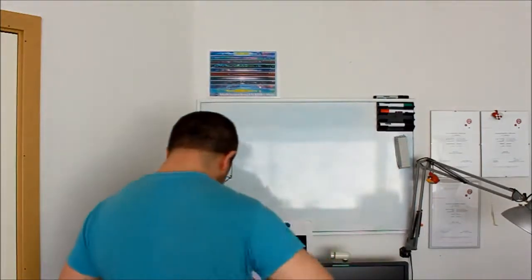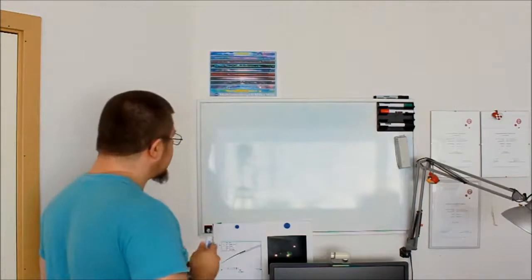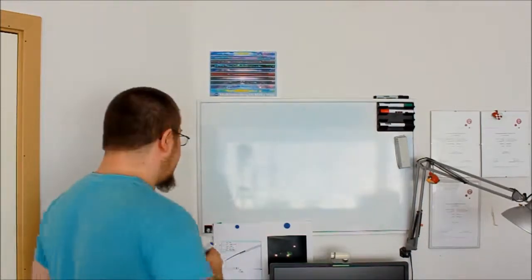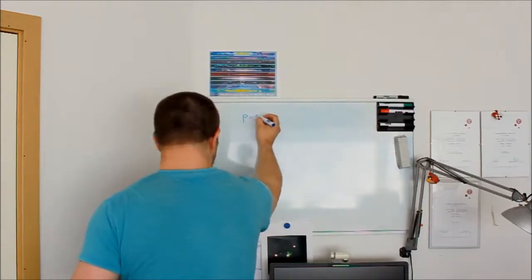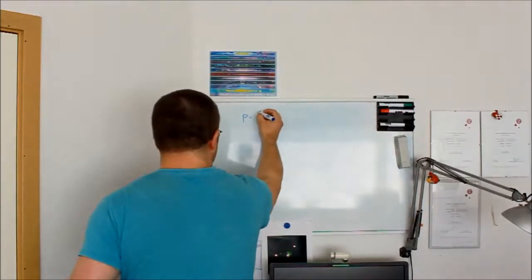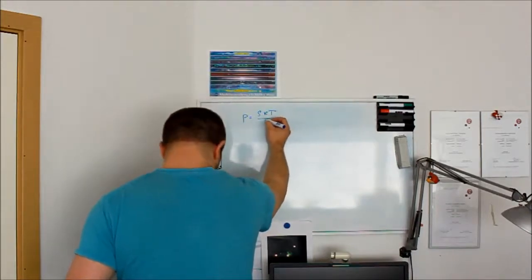So the first thing we do when we want to introduce a singular isothermal sphere, or just SIS, we assume that the stars behave like an ideal gas. So we can say that P is equal to rho kT over m.